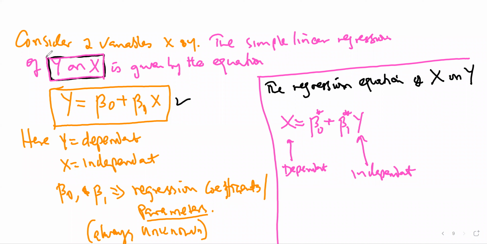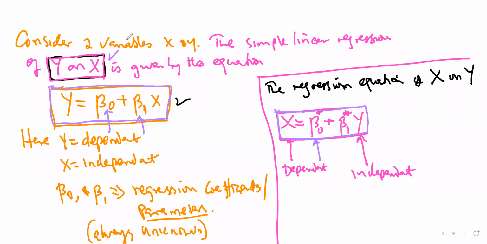So it's good that you get it right so that you don't have the wrong kind of regression. Because if you have this kind of regression instead of this, then you can be sure that you are going to estimate the wrong parameters because these values will be different. You'll be getting beta naught star instead of beta naught, or beta 1 star instead of beta 1. So it's good to note this bit. Know what you are regressing on what.